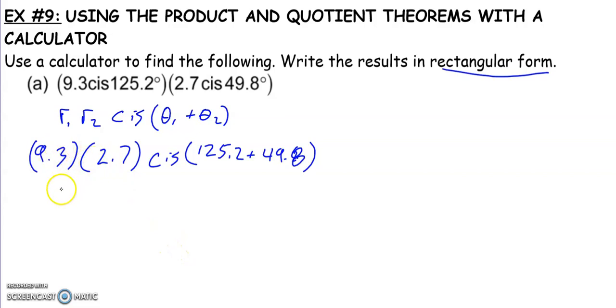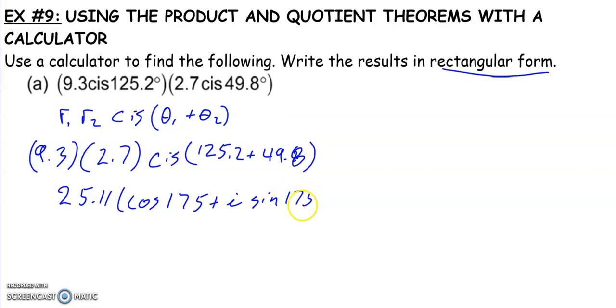So I'll multiply these two together. I'm going to get 25.11, and we're going to go ahead and multiply that by the cosine of 175 plus i sine 175. Notice that 175 is not on the unit circle. So I'm going to distribute now so I can just put everything into my calculator, make it a little nicer for my calculator work.